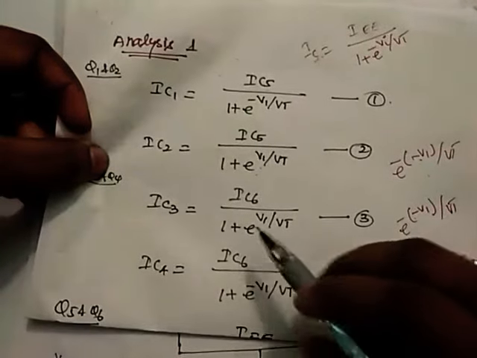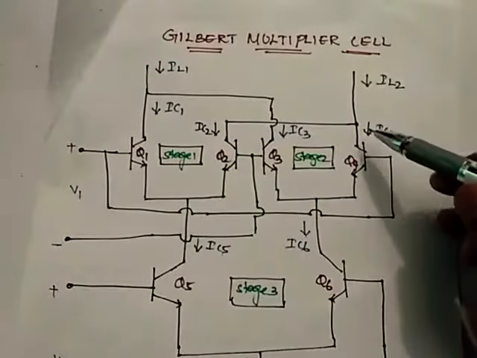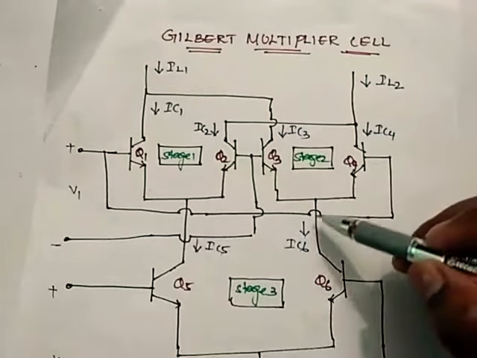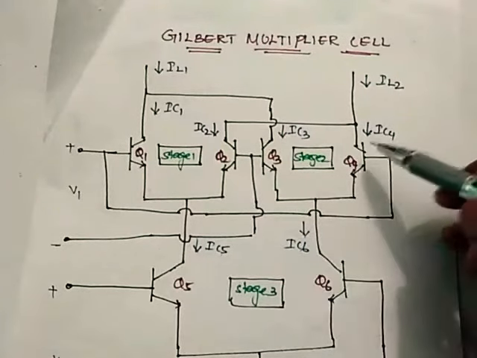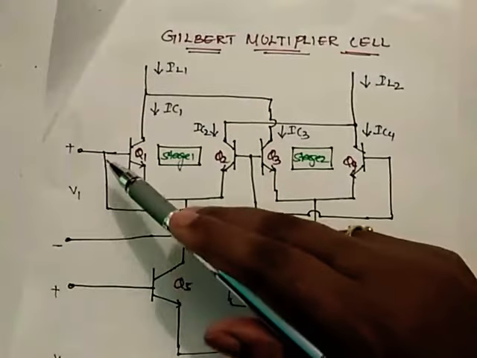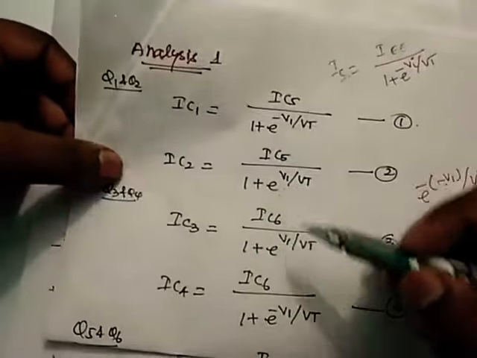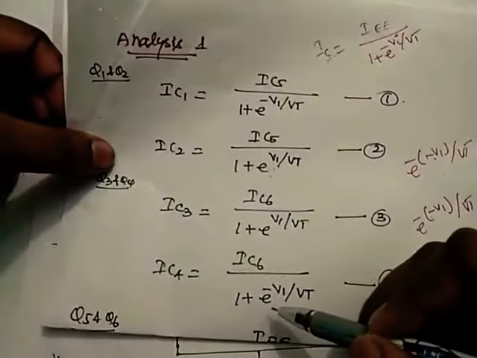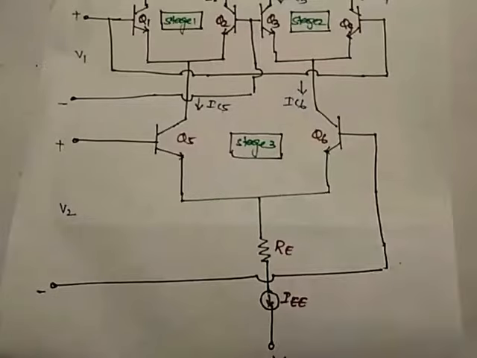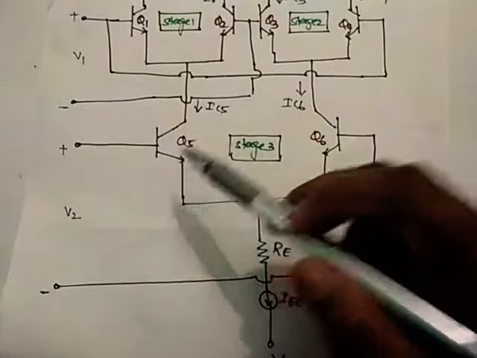Minus into minus becomes plus. Next, IC4 is connected with Q4. This emitter current is also IC6, and this base is connected with the positive polarity of V1. So we can write IC4 is equal to IC6 divided by 1 plus e to the power of minus V1 divided by Vt.